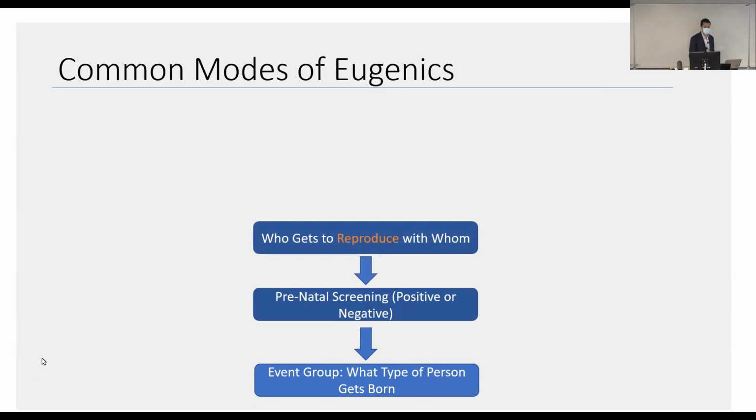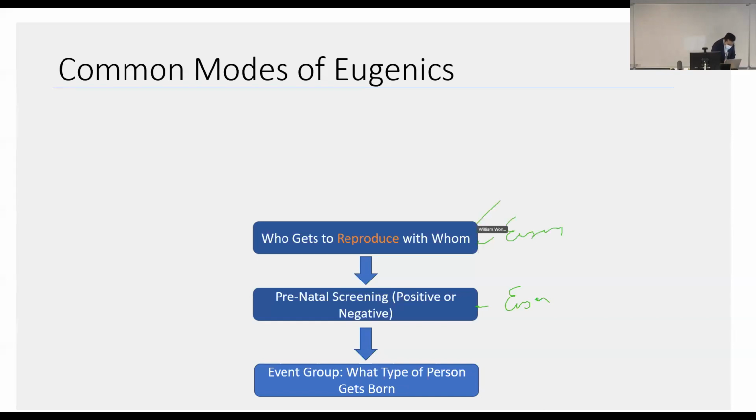This doesn't occur after the prenatal screening, but before it. So it affects which types of people get born, but before any prenatal screening could occur. So all of these events are supposed to be eugenic events. So this is eugenic, and this is also eugenic.